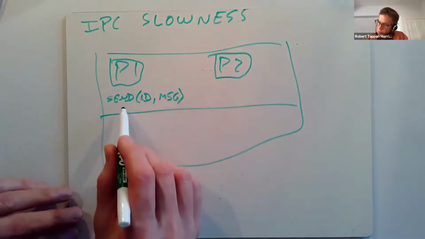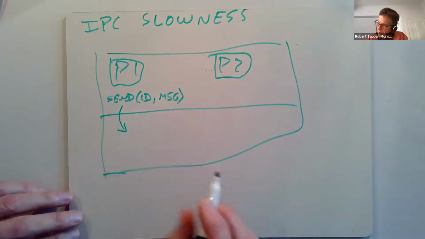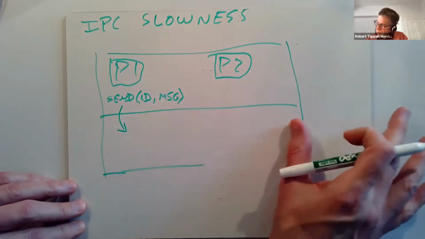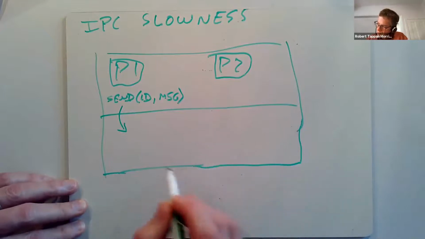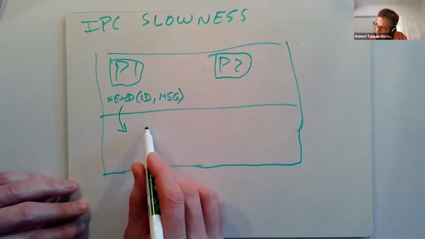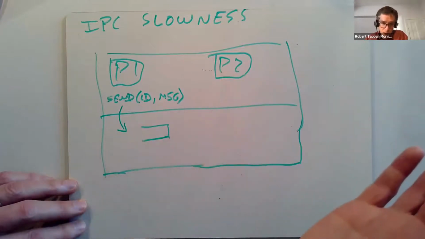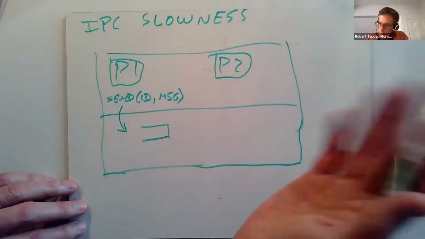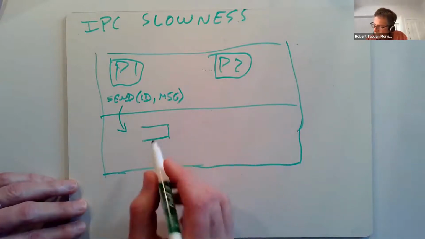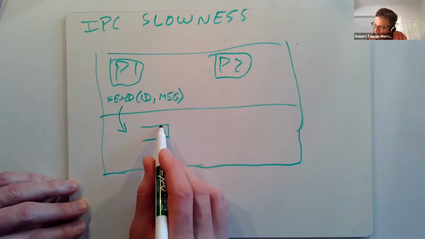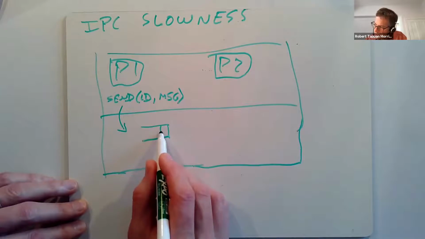So this is a system call, so you're going to jump into the kernel. Maybe we design this patterned after pipes in XV6, and so you can imagine there being a buffer of messages waiting. Maybe P2 is doing something else right now. Maybe it's a server, it's serving somebody else's request, so it's not ready to handle your request. You can imagine a buffer of waiting messages in the kernel, like a pipe buffer.